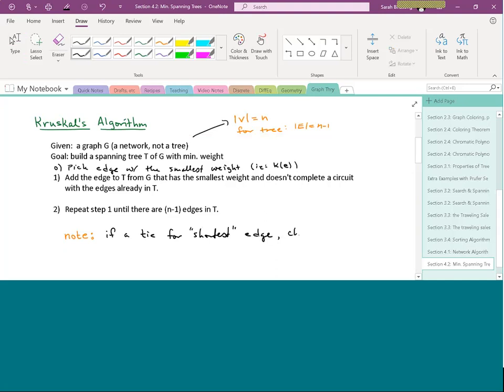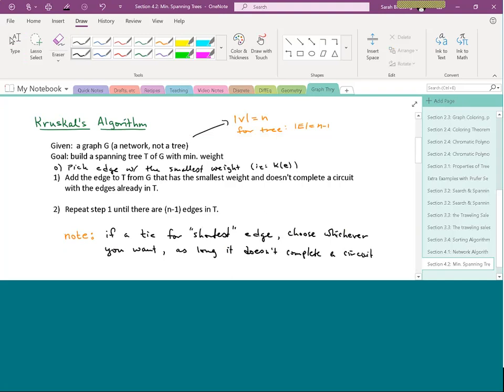Choose whichever. The only caveat is it can't complete a circuit. So as long as it doesn't complete a circuit in the edges that are currently in your tree. Wow, that U was terrible.